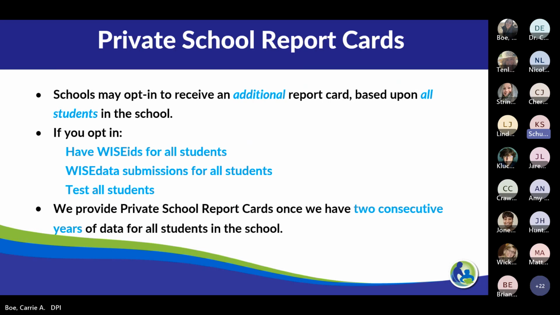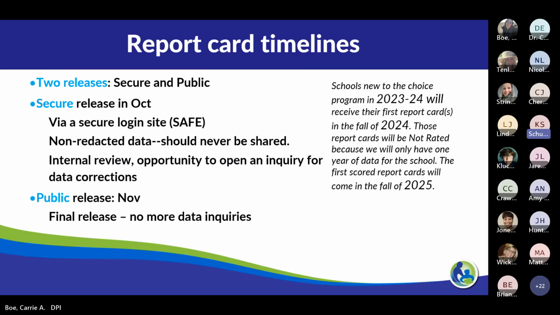If you do opt in, you have to have WISE IDs for all students, WISE data submissions, and you have to test all students to provide that data for the report card. And again, there is a data requirement in terms of when you would get a scored report card: the 2 consecutive years of data for all students in the school that we talked about before. And then our next slide, please, Carrie.